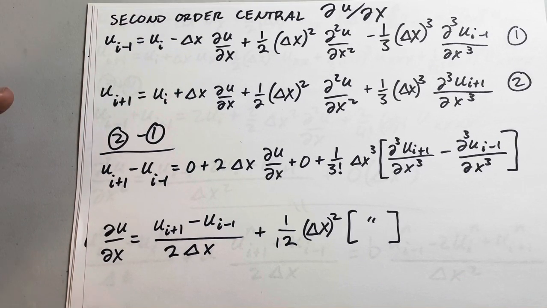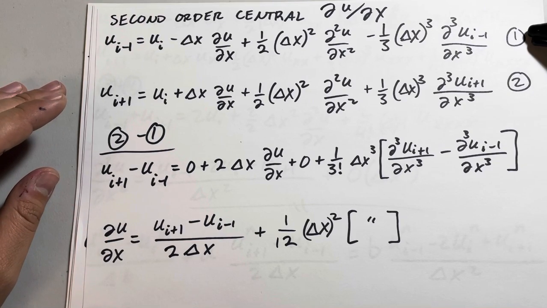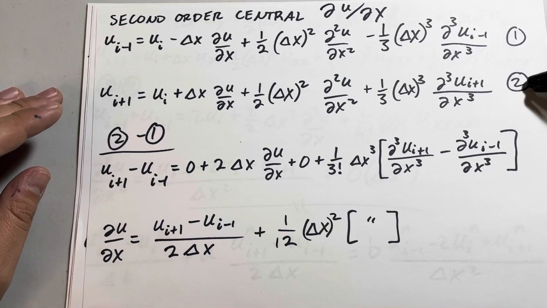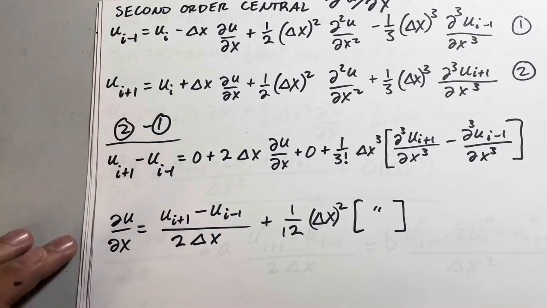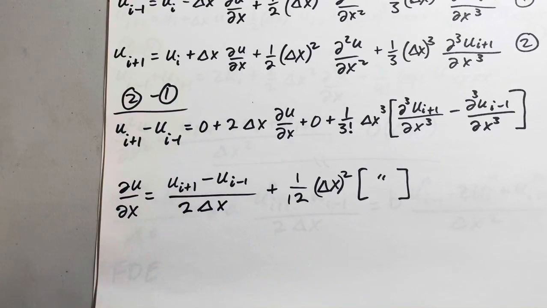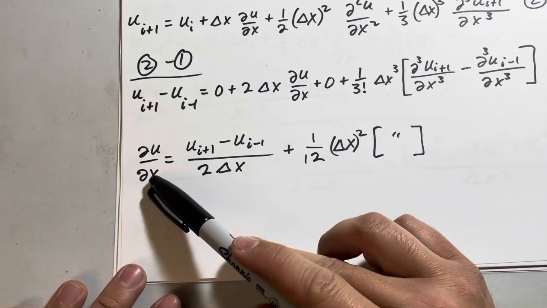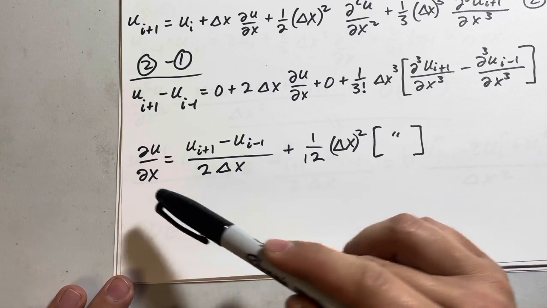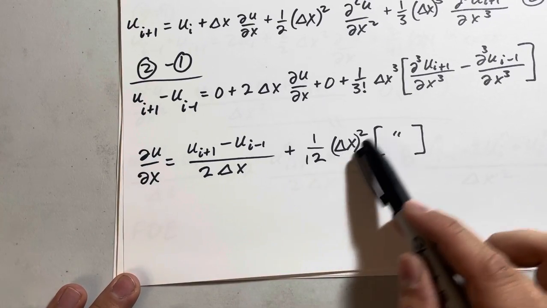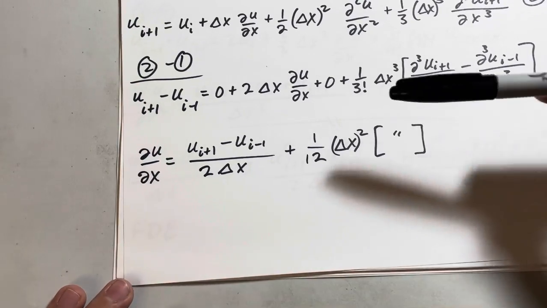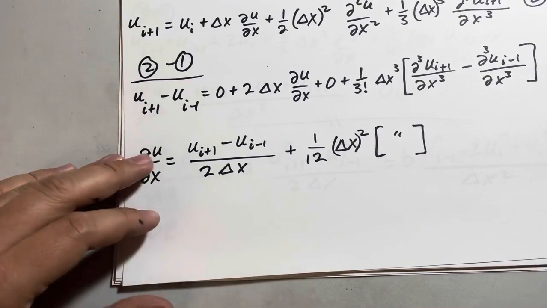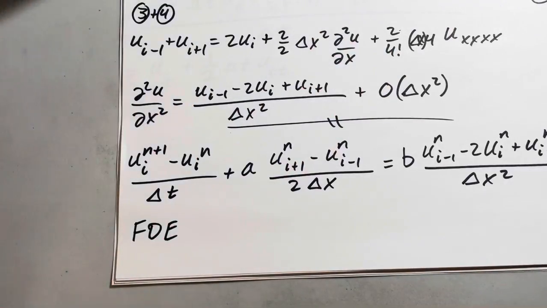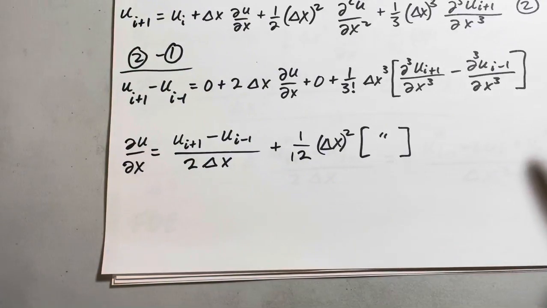And if we call this one equation 2, equation 1, subtract equation 1 from equation 2, we can see a lot of these terms cancel out. And the same form as before, we rearrange and solve for partial u, partial x. And then we will be left with this as the remainder. And also note that this second order determines the order of accuracy we have. So this would be second order, and the previous being first order.